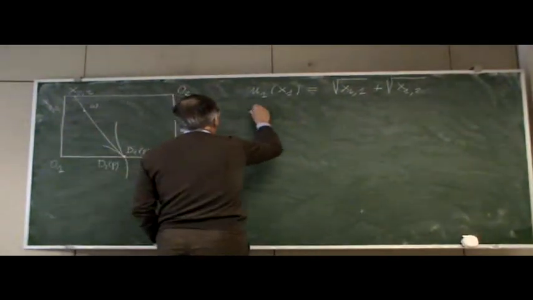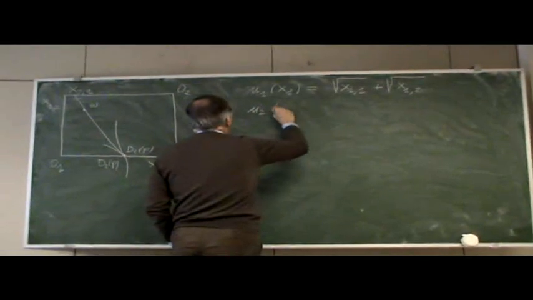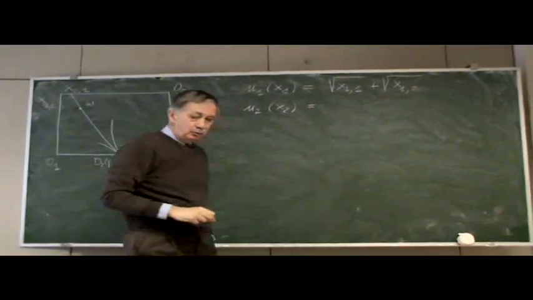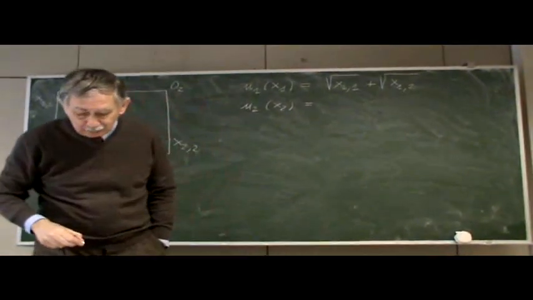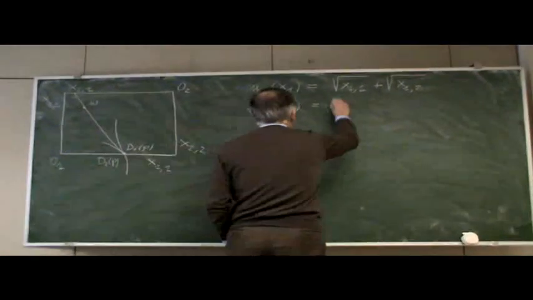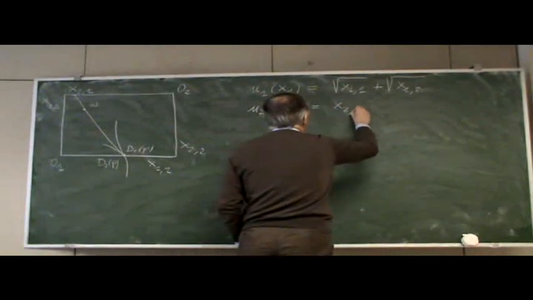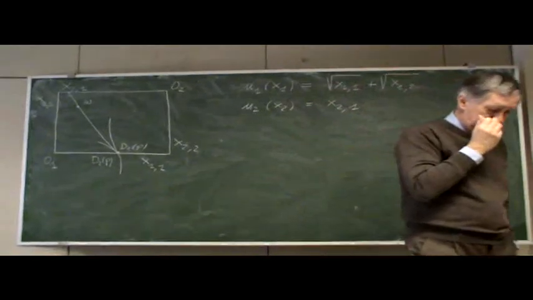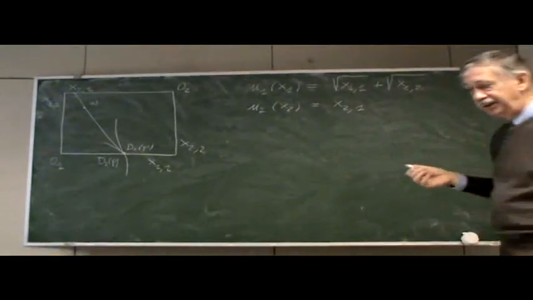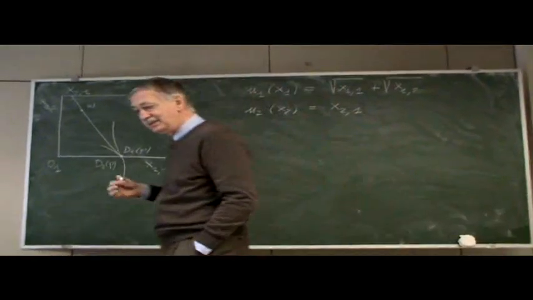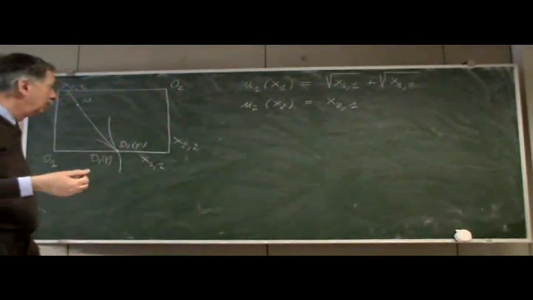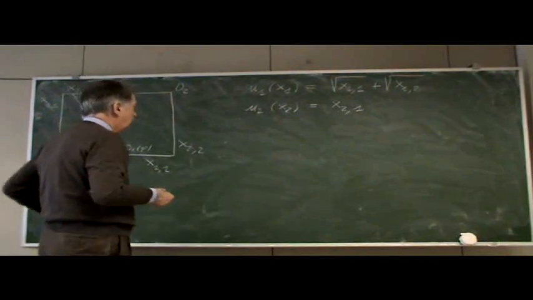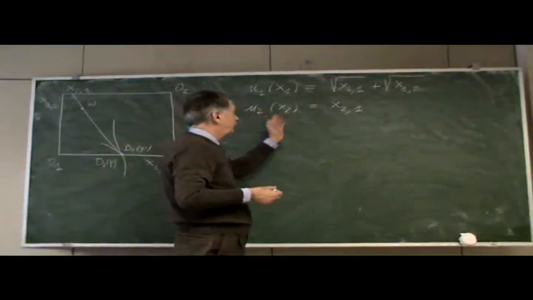While the utility function for the second consumer is equal to x21. Clearly, this is a very particular case, but let us study for a moment these two preference relations. Let us begin from the second.